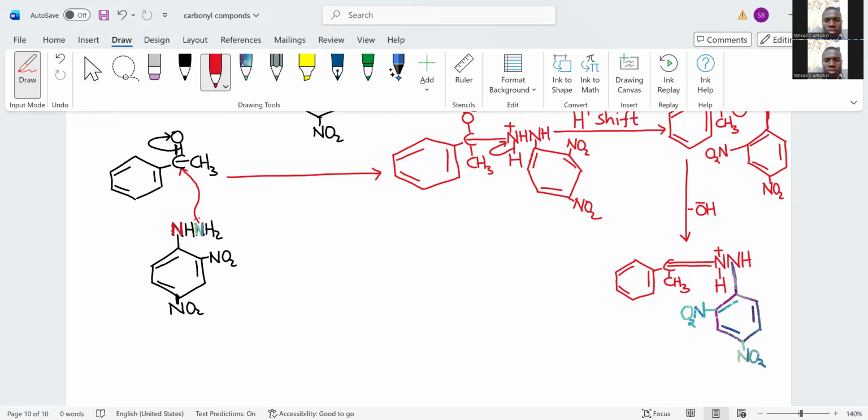So still here, we lose a proton as a way of giving electrons to nitrogen. So there is a loss of a hydrogen ion as we form our product.